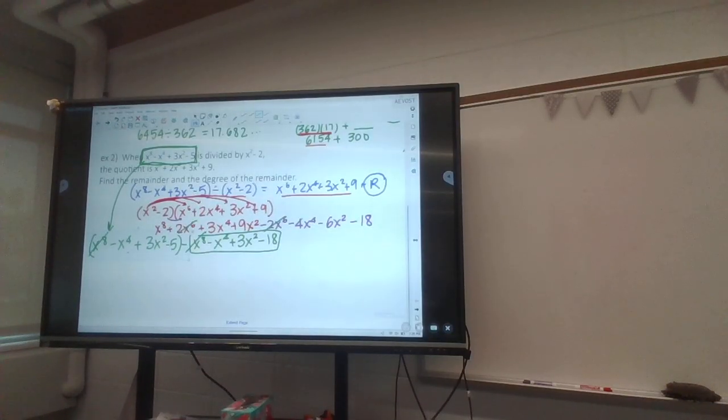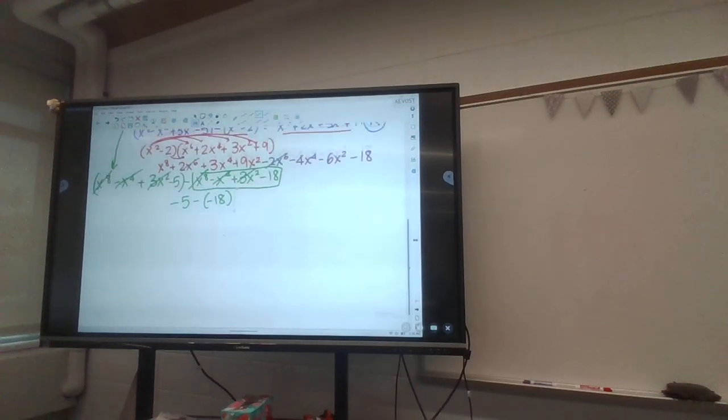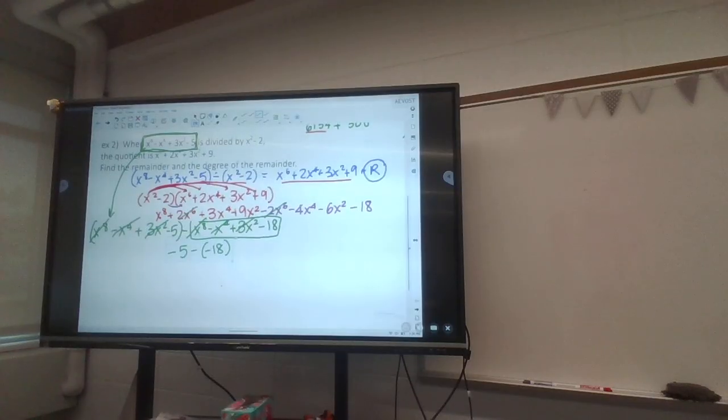Negative x to the 4th and negative x to the 4th is also going to cancel because you're subtracting them, they're the same. 3x to the 2nd and minus 3x to the 2nd is going to cancel. So we're super close, but we're left with a -5 minus a -18. This is going to be our remainder. So our remainder will be 13.